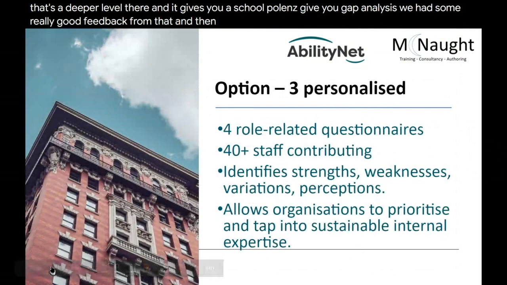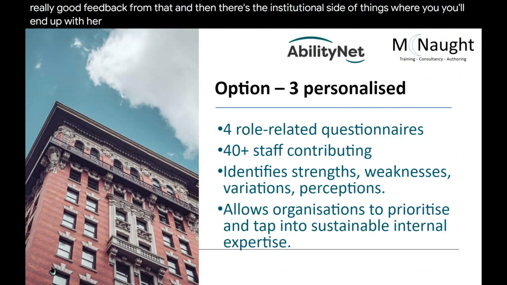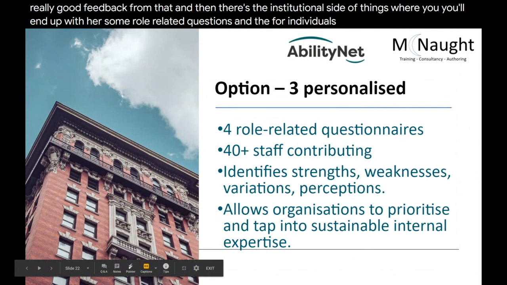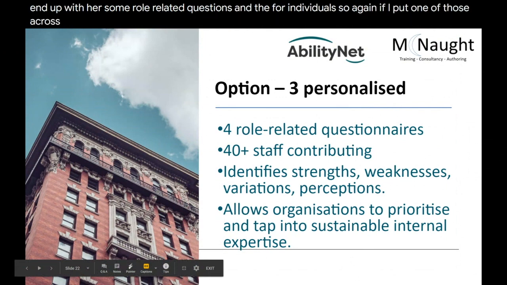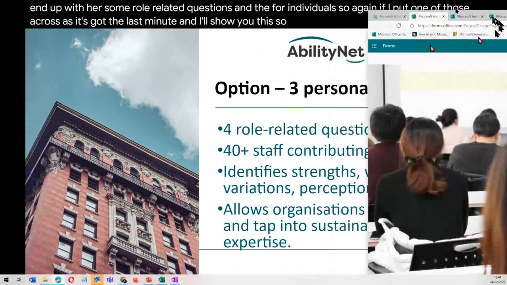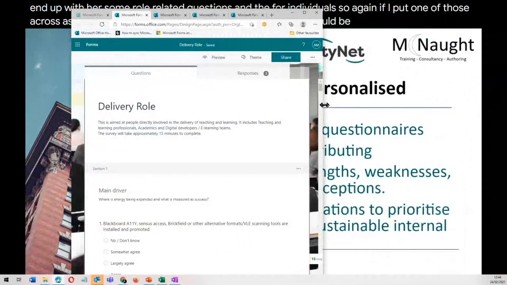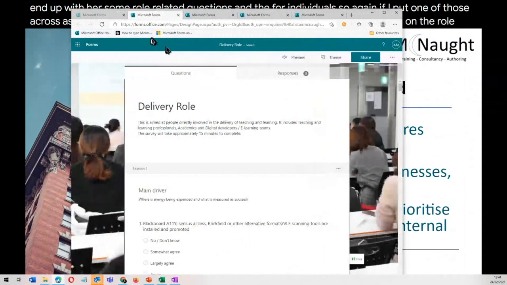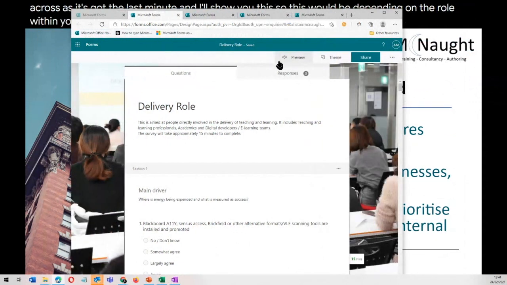And then there's the institutional side of things where you end up with some role-related questions for individuals. So again, if I pull one of those across, I've just got the last minute and I'll show you this. Depending on the role within your institution, we pick out 10 or 15 people that are involved in delivery.